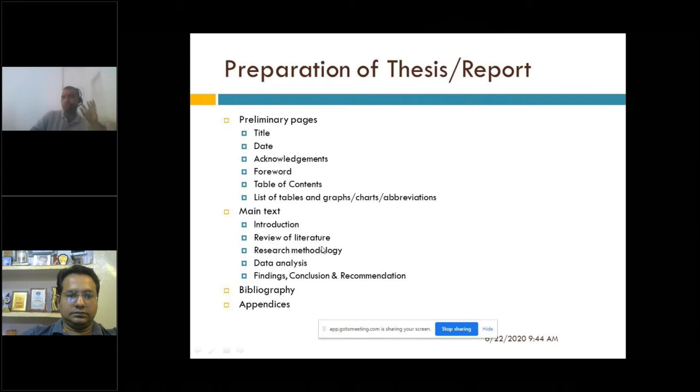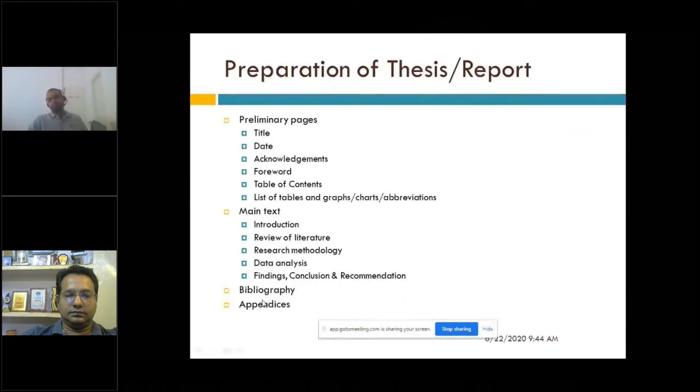Review of literature is a review of all the relevant literature in the specific field where we are going to conduct our research. Research methodology has the research design, sampling, methods of data analysis, everything. In data analysis, we do our actual data analysis, and after that we go for findings, conclusion, and recommendation, if any.